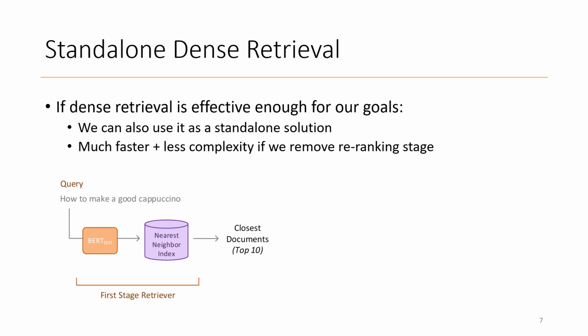But with a dense retrieval model, if we have a model that is effective enough for our goals, and we'll show in a bit how that can be achieved, then we can also use it as a standalone solution and just remove the second stage re-ranker, which of course is much faster and comes with less complexity if we remove it. And so our search system reduces only to this first stage retriever.